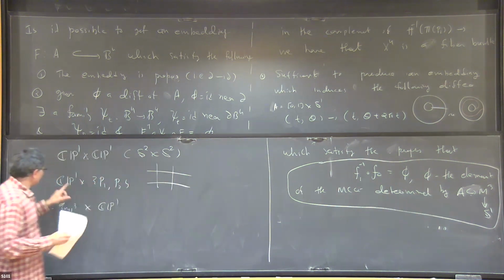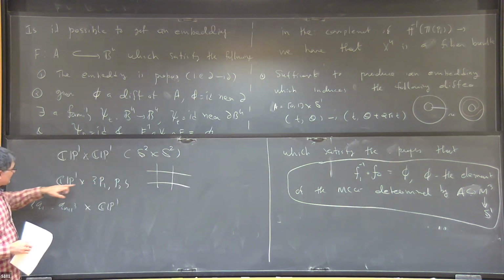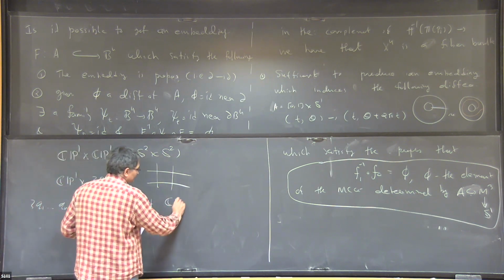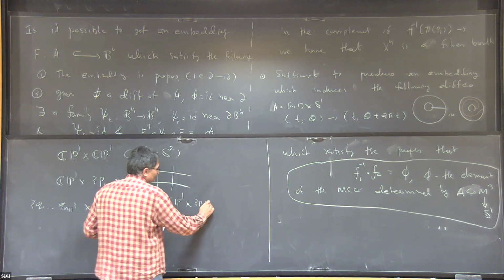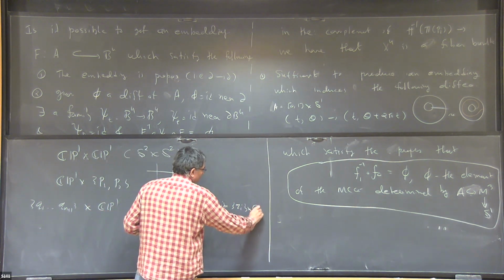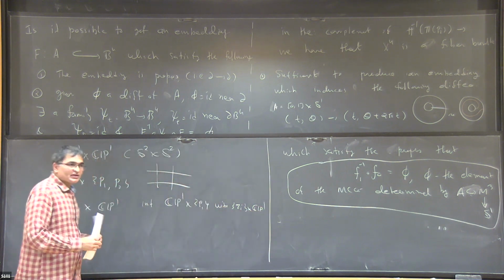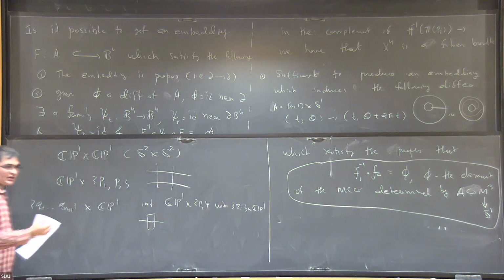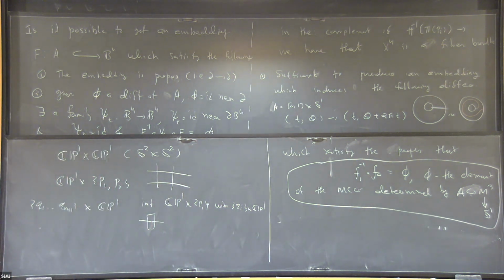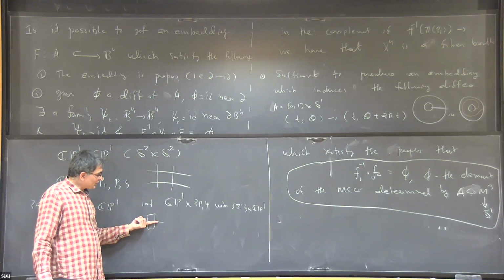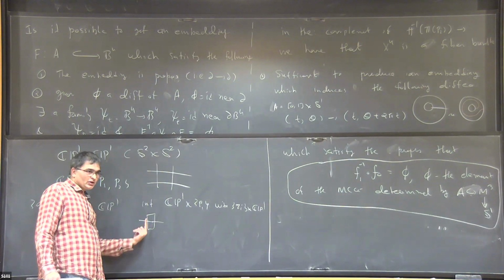And notice that the intersection of one CP1 cross P1 locally just looks like 2 complex planes intersecting at the origin, C cross 0 and 0 cross C, with one part corresponding to one CP1 and another part corresponding to another CP1.